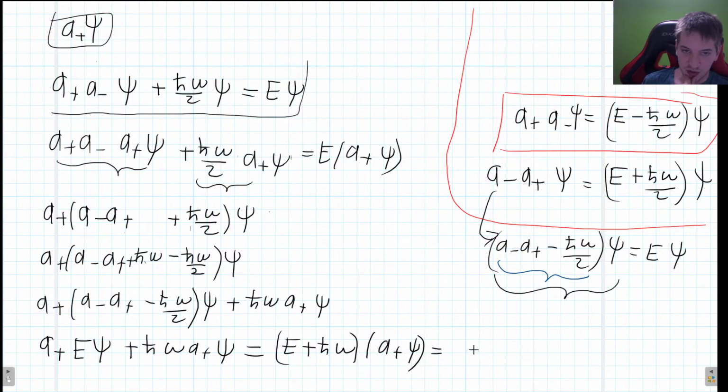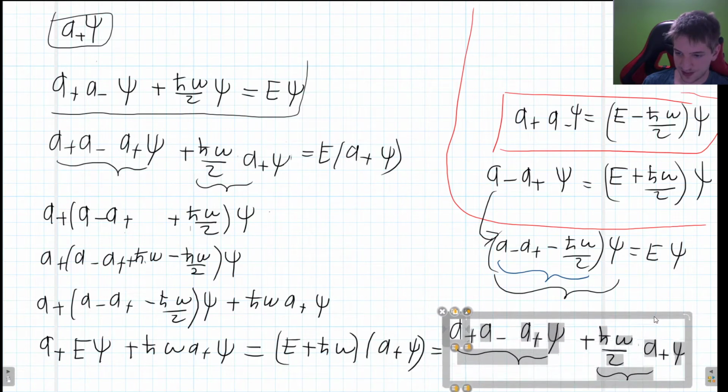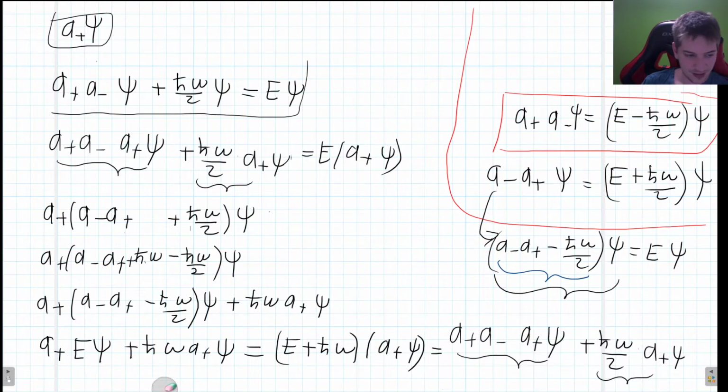So remember, this was just what is up here. In fact, I might just copy it and not just write it again. Oh, I meant this one right here, sorry. It's actually kind of tilted, but I think it's good enough.